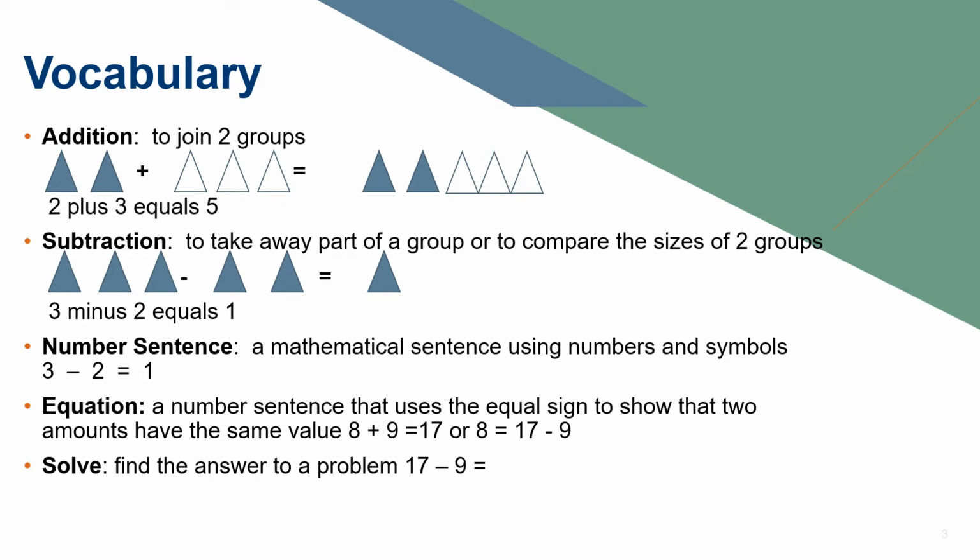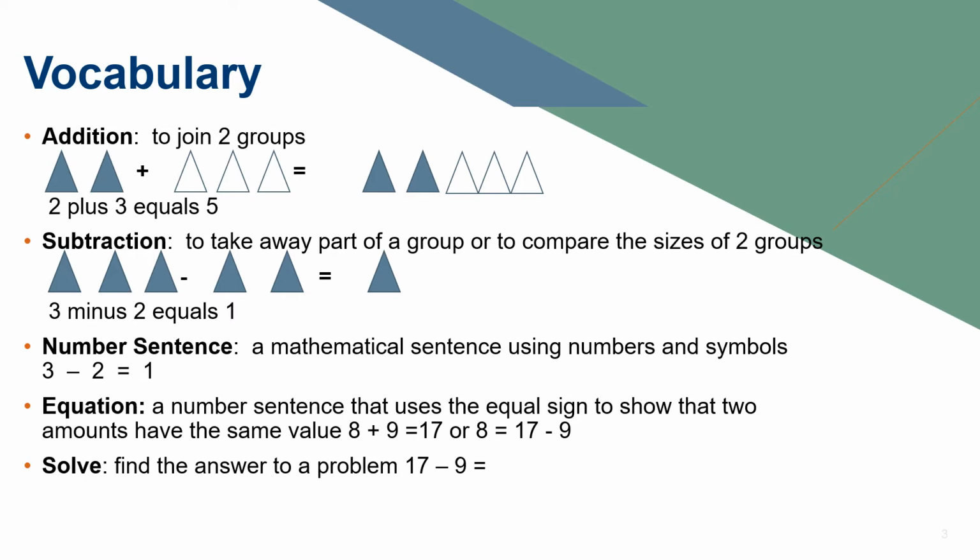Before we get started in today's lesson, we need to take some time out to look at vocabulary words that we're going to be using in the lesson. Addition, to join 2 groups. 2 plus 3 equals 5. Subtraction, to take away part of a group or to compare the sizes of 2 groups. 3 minus 2 equals 1.